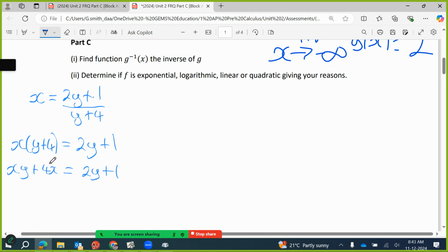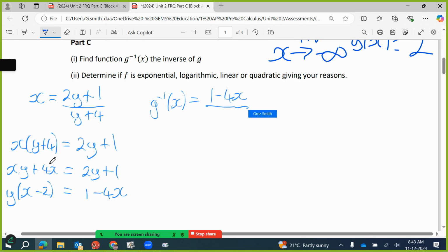Factor the left-hand side, move the 2y across and factor. So we're going to get y bracket x minus 2. And then move the 4x over this direction. And by pulling it down and giving it as an inverse function, so we get g inverse of x is going to equal 1 minus 4x all over x minus 2.